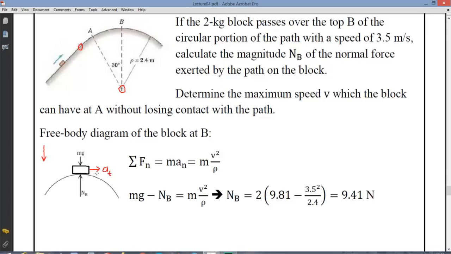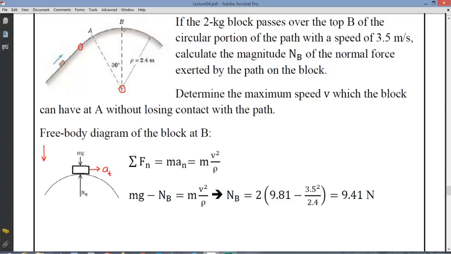AT will be in that way, which will not affect the equation in the vertical direction. And then the other component of the acceleration is about the change of direction of the velocity. And as this block is having a curved path, the direction of the velocity will change. That means it's going to have an acceleration in the normal direction.